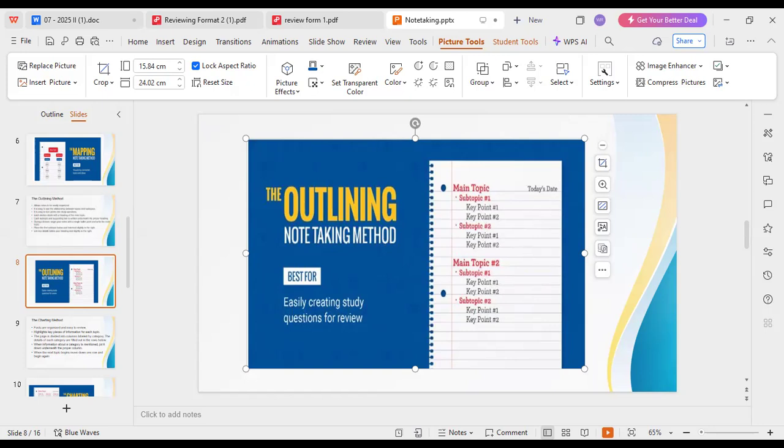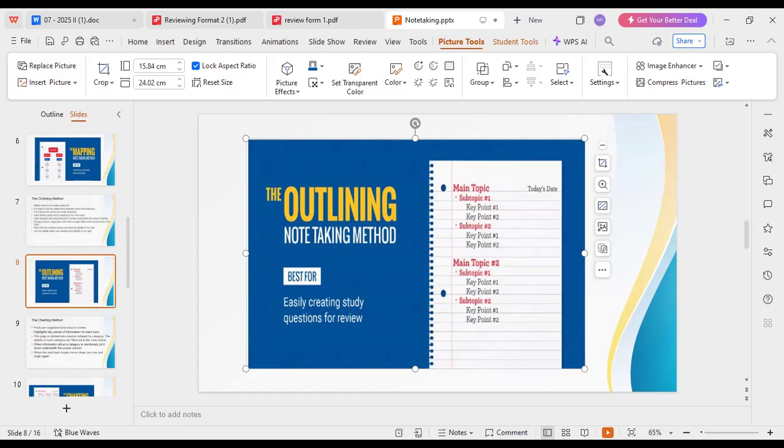So here you can add subtopics as they emerge. When, let's say, the lecturer or the instructor shifts to a new major point, you can indent and create a level 2 entry. This also captures all the details. You can add facts, definitions, examples, quotes.